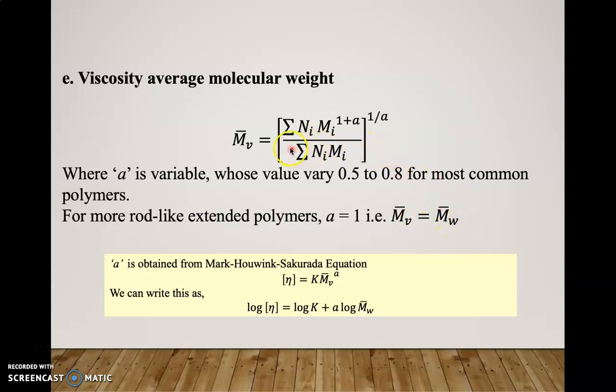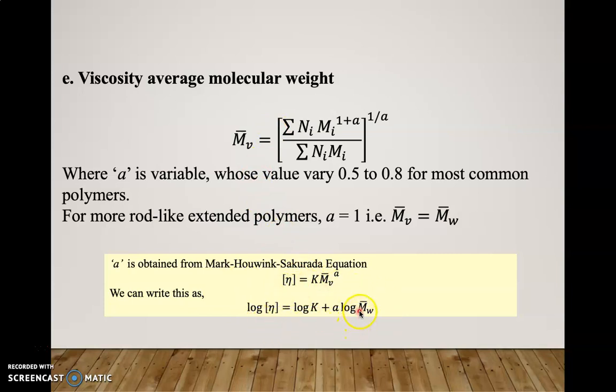Now the a value in this equation actually comes from the Mark-Houwink-Sakurada equation. This is the equation that we use for determining the viscosity average molecular weight. If we take the log, it comes like this.